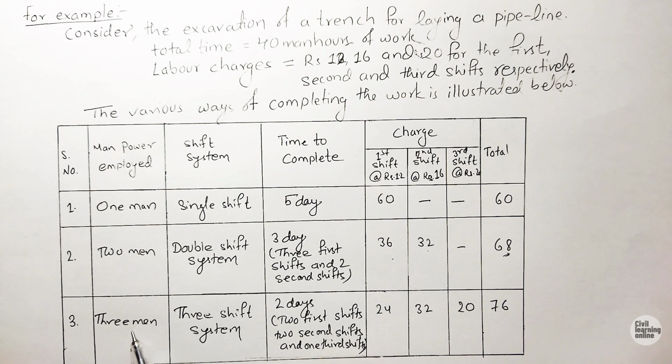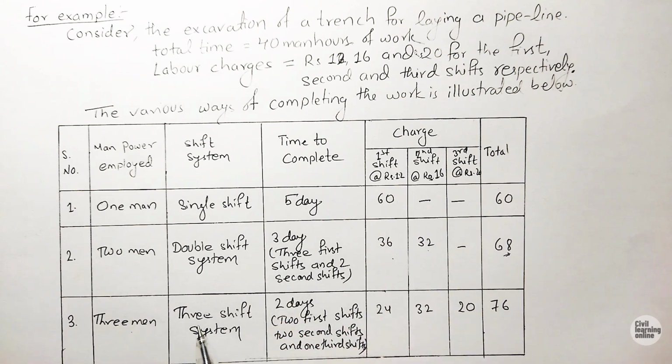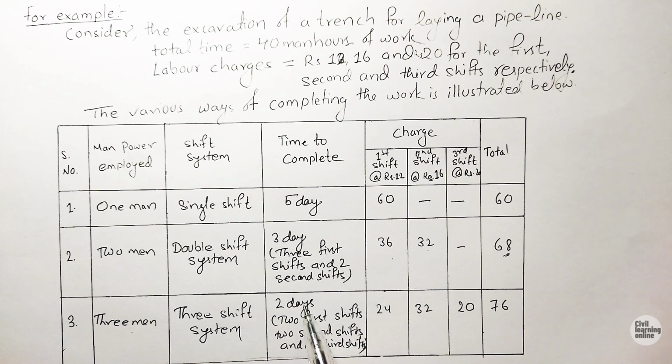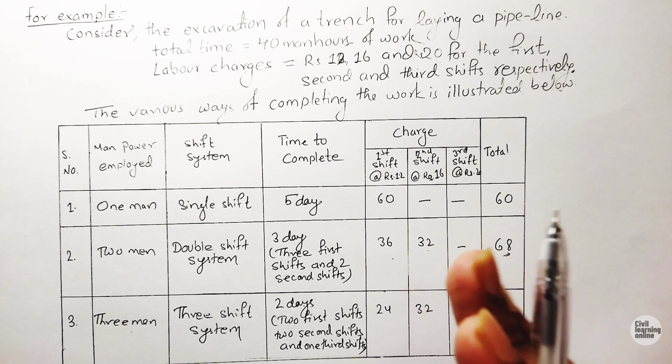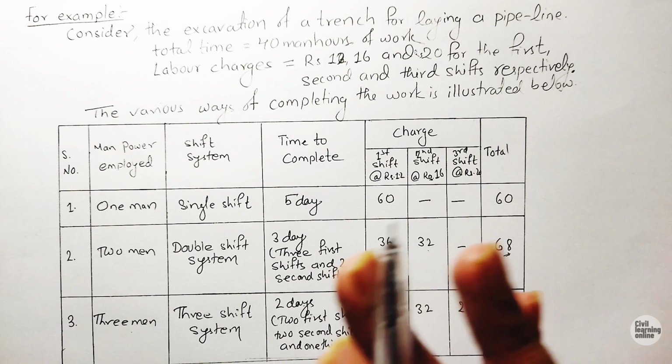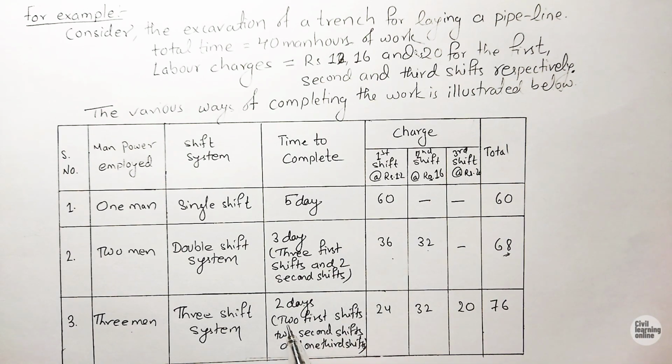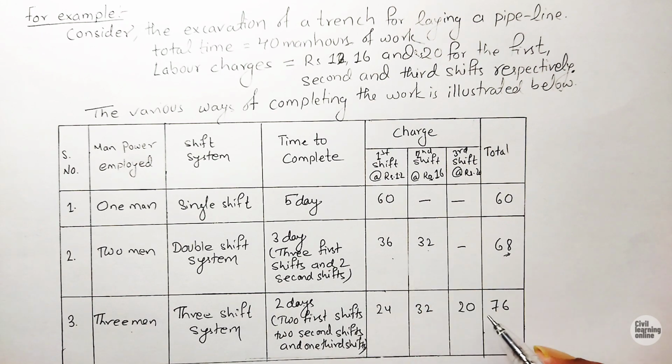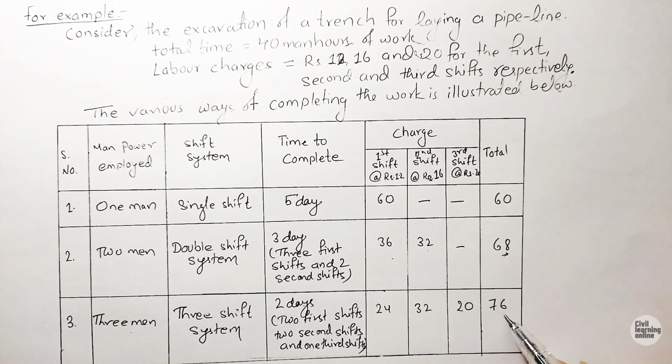Similarly, if we are hiring 3 men to dig the same trench in a 3 shift system, then they need to work for only 2 days. This is just an example. See how our cost fluctuates here: 2 first shifts, 2 second shifts and 1 third shift, and it would cost us 76.